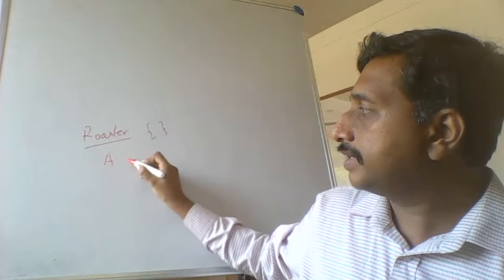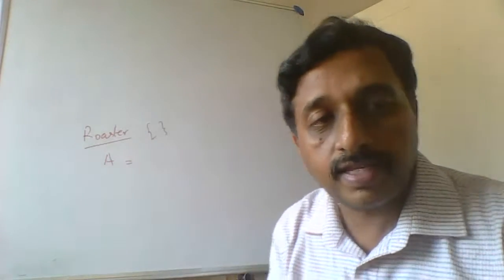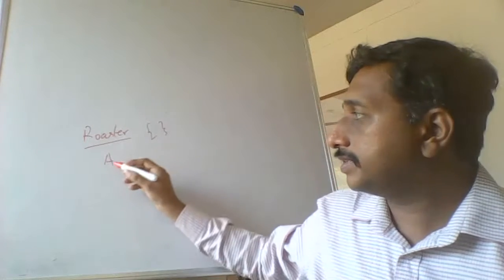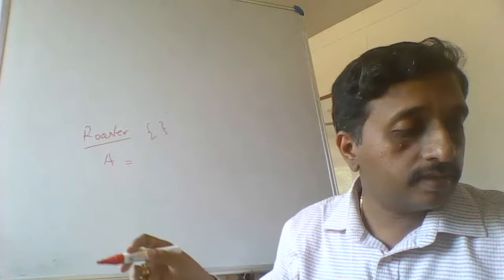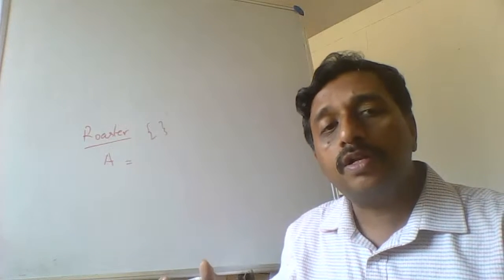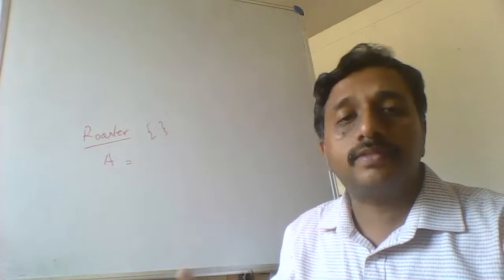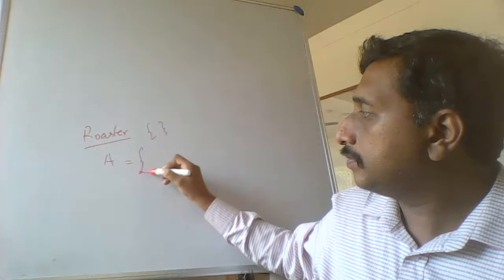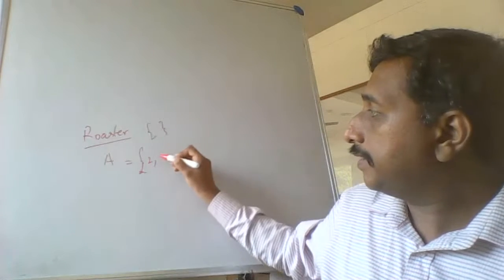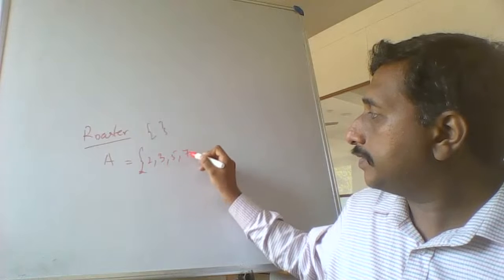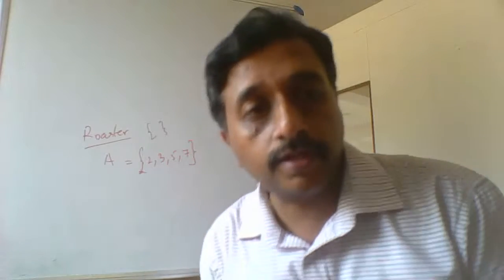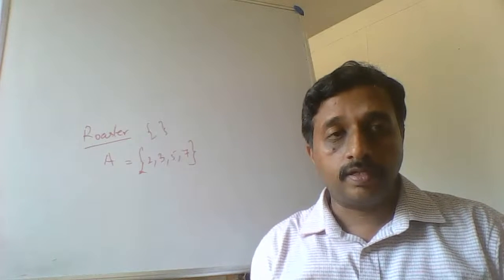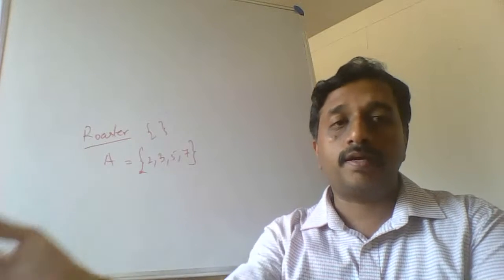If I consider set A, the set of all prime numbers less than 11, I can write 2, 3, 5, and 7. I hope you understood how we represent a roster form or tabular form.